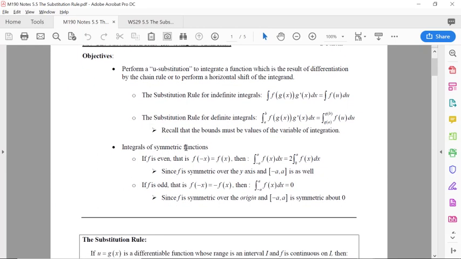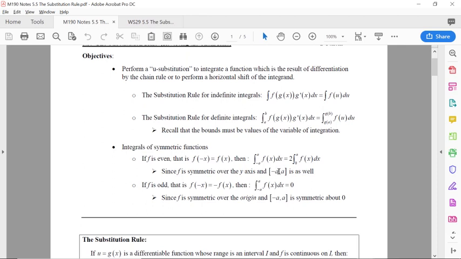One other thing to take note of in this section is that we can also use symmetry, the even and odd symmetry of functions, to help evaluate integrals in certain cases. Using symmetry requires that we have a closed interval symmetric over 0, so negative a to positive a, with 0 right in the middle.